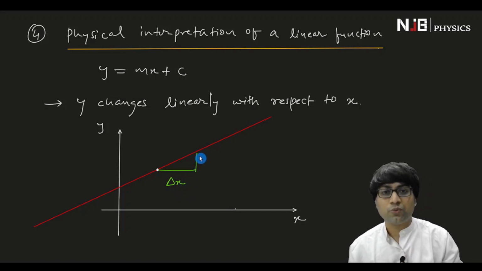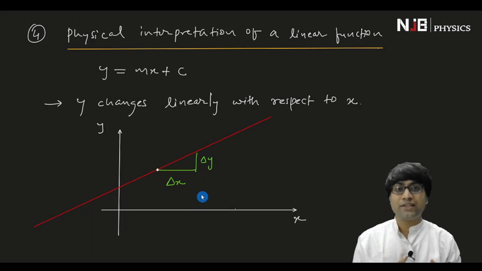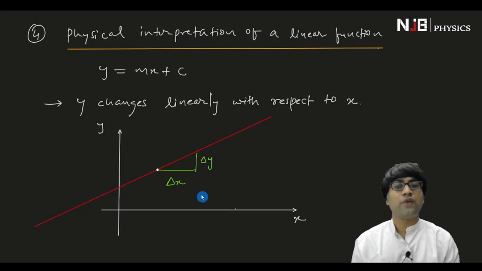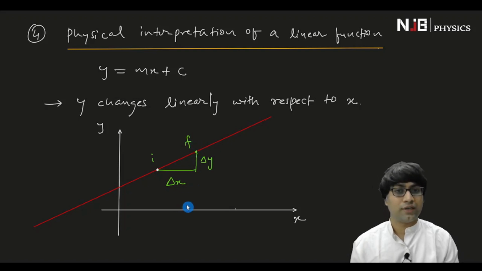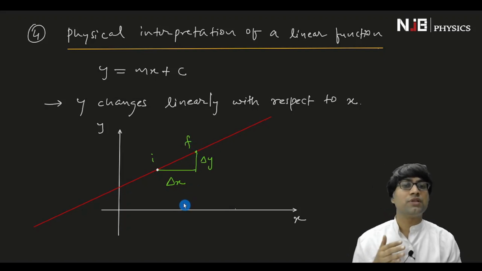So this is going to be the corresponding change in y, delta y. Because we know that y and x are related, if you change the value of x, you are going to get a change in y. So this was the initial coordinate, and now we are going to get this as the final coordinate. Now, what is so special about this linear function that you make these changes anywhere else?